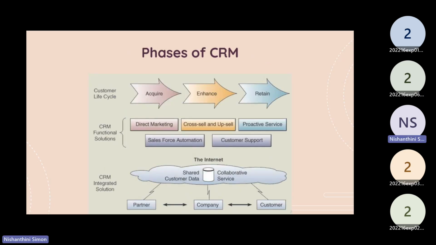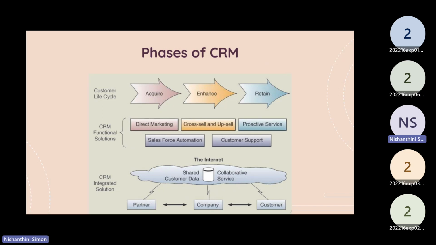So in a CRM or in an organization, how does the customer data work, or what happens with the customer? First we have to try to get the customer. That is important. And once the customers are coming in, we have to enhance them. Every day we can't keep them in the same place. That's what I call loyalty programs.